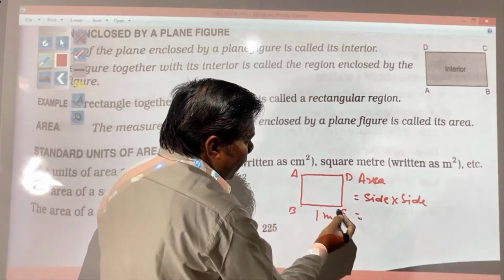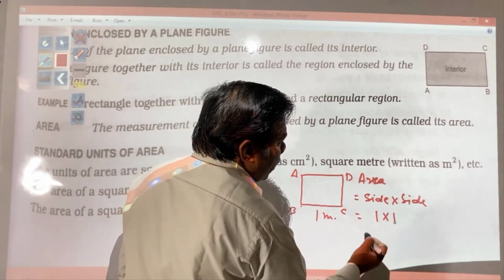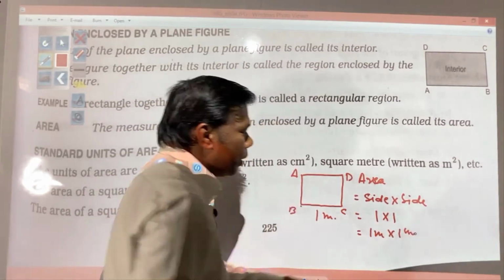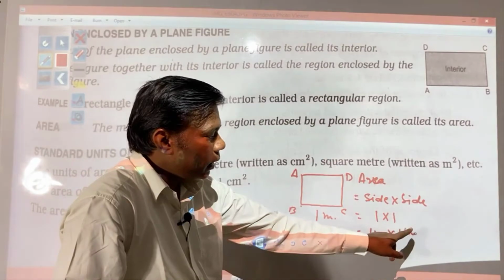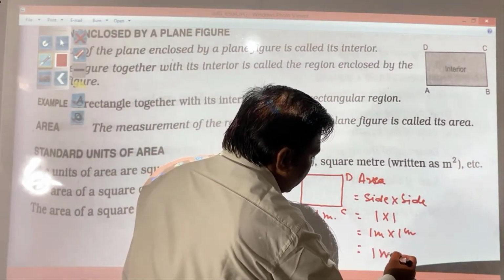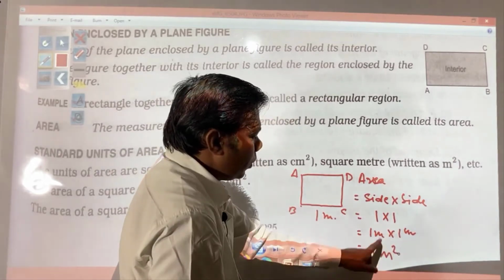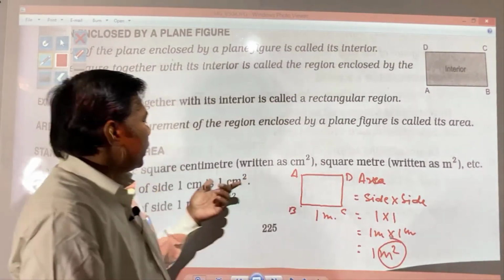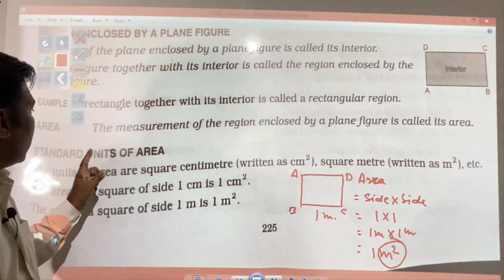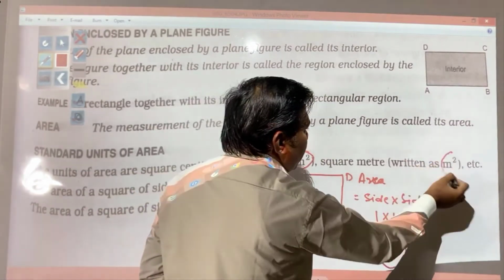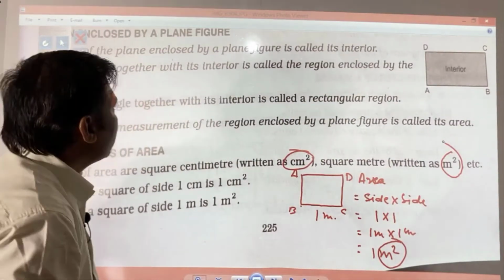So one side is 1, so 1 into 1. So what will we write? 1 meter into 1 meter, or whatever unit is there. If centimeter is there, it will be centimeter. So this will be 1 meter square. 1 into 1, 1 you got, m into m, m square you got. So the standard unit of area will be either centimeter square or meter square. This you need to remember.